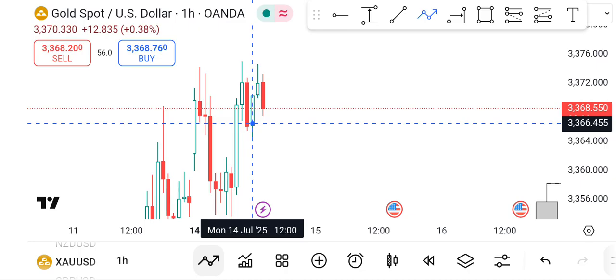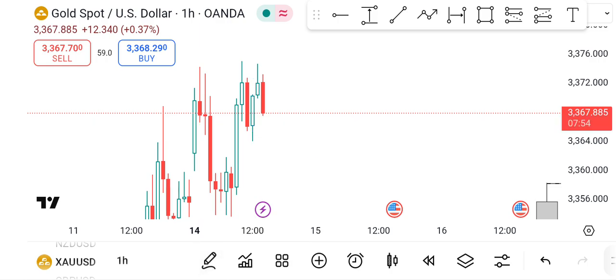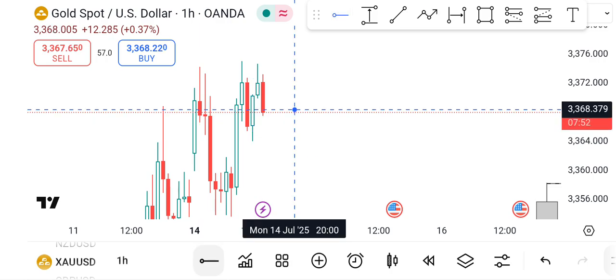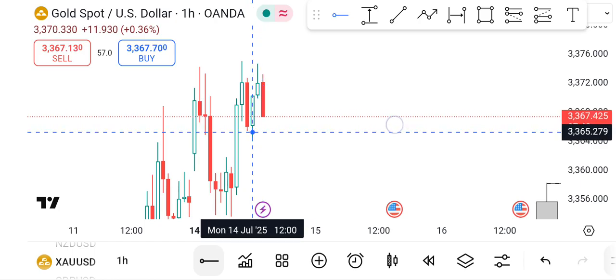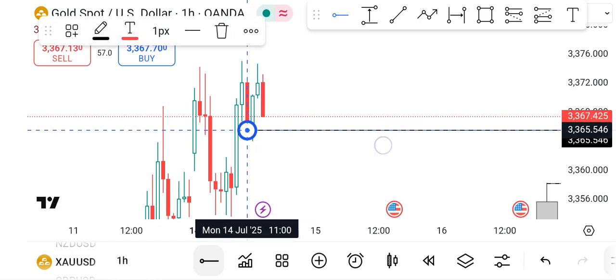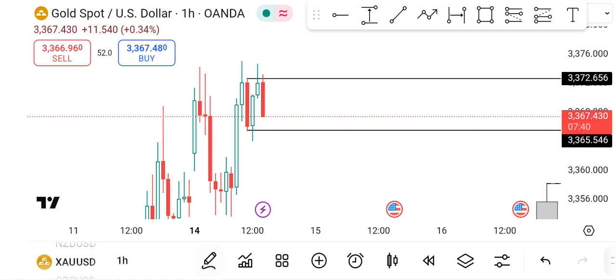I have said 5 AM CRT in Kenyan time occurs at 12 p.m. So you just mark the CRT low on the previous candle and the CRT high of the previous candle still.